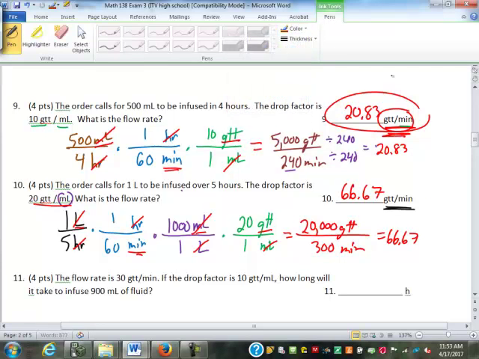On either of these last two, if you'd rounded this to 21, that would be fine, and this to 67, that would be fine as well. If you'd round this to 20.8 or 66.7, that is also fine. I didn't specify whether this was manually infused or going through an electronic infuser, so the round off is really kind of ambiguous there. Any questions on those two?